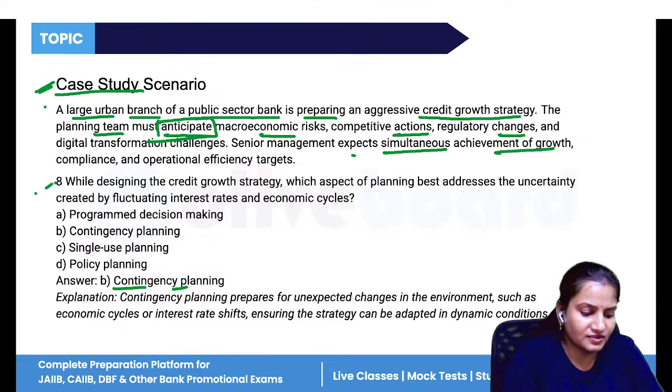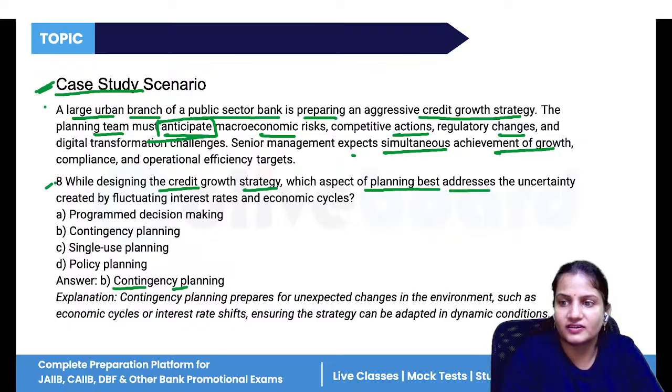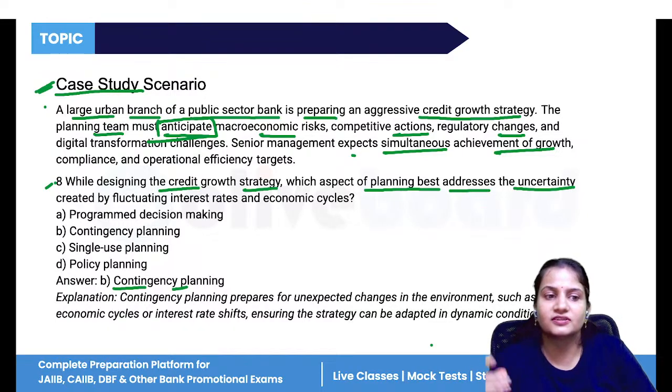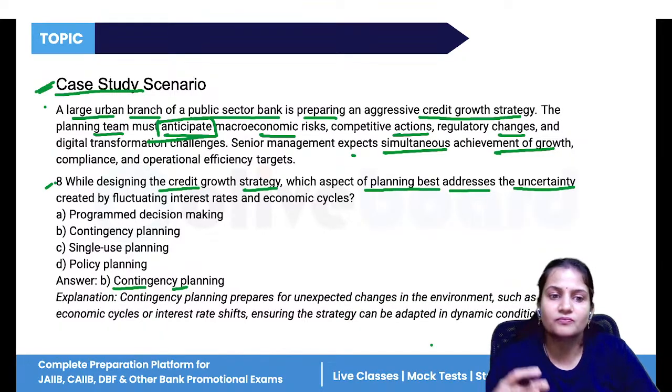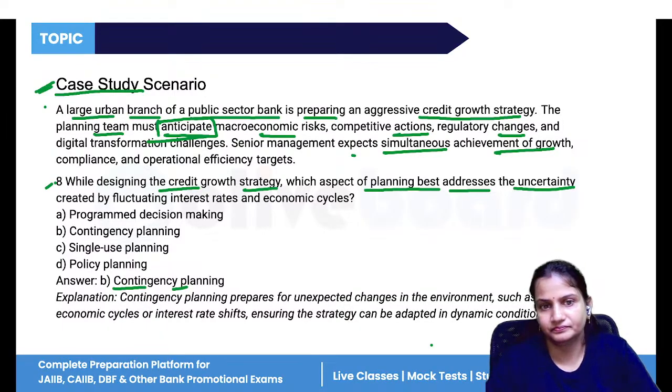Now, the question is asking: while designing the credit growth strategy, which aspect of planning best addresses the uncertainty? And this uncertainty is created when there is a fluctuation in interest rate. Now what is good for the public sector bank? If the planning is not working, then they have to make another plan, or leave that credit growth strategy.